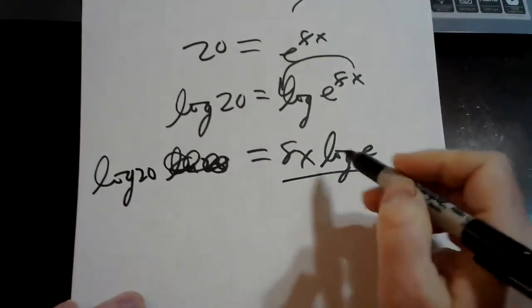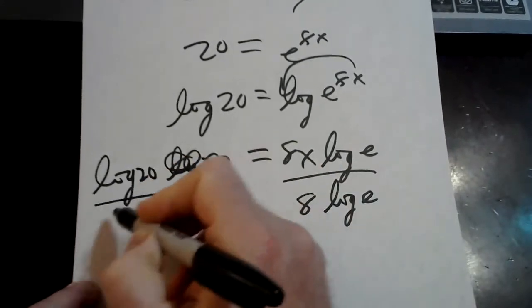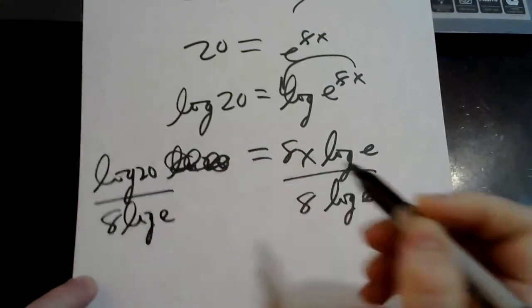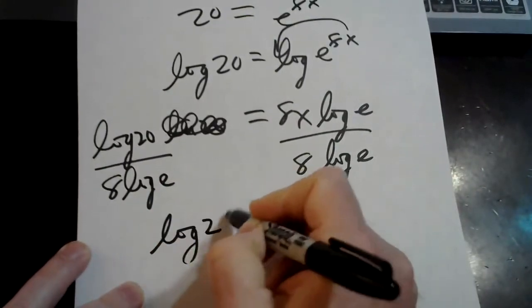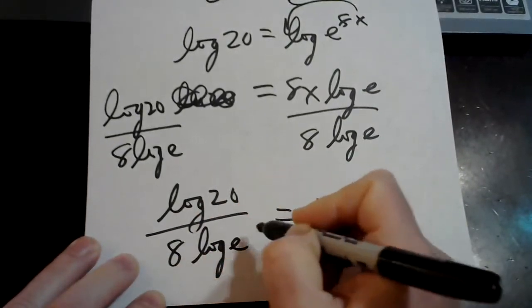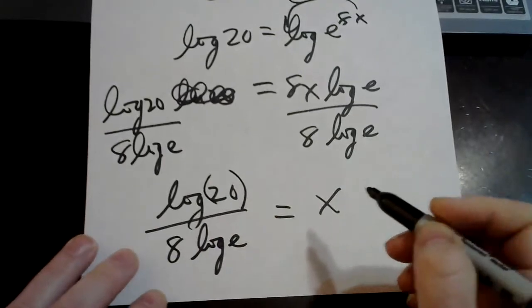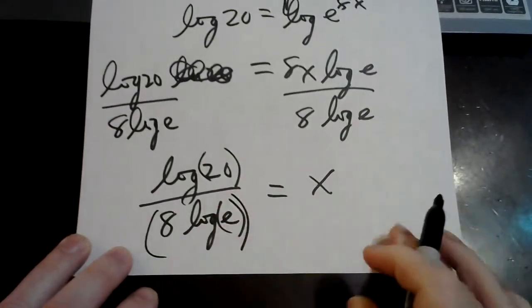Alright, now divide both sides by the coefficient of x, which is 8 log e. That gets x by itself. And just be real careful about how you enter this into the calculator. Again, make sure you close your parentheses around the 20 and also the e. And you might want to put this whole denominator in parentheses too.